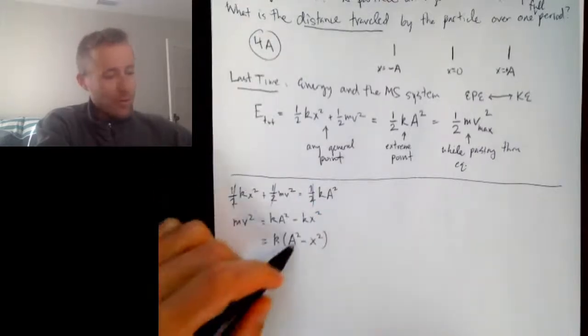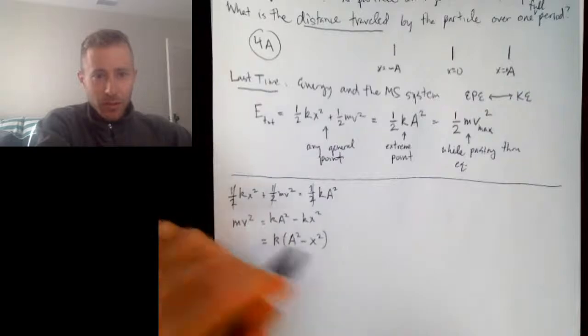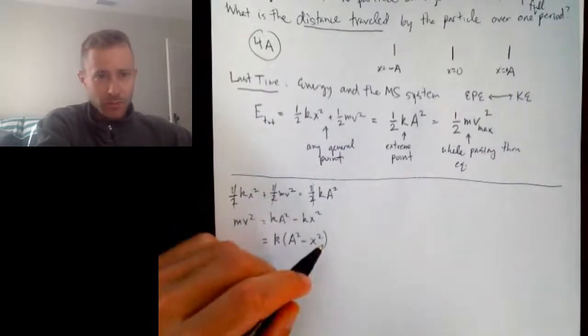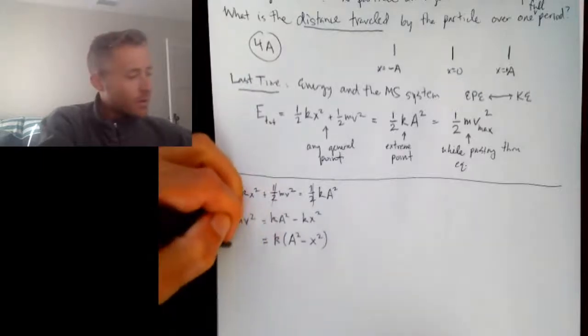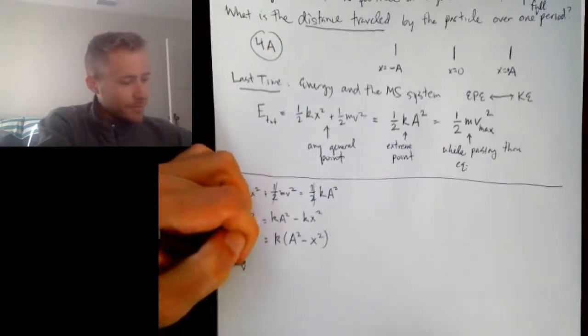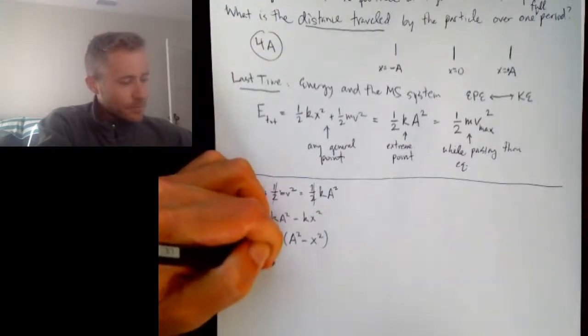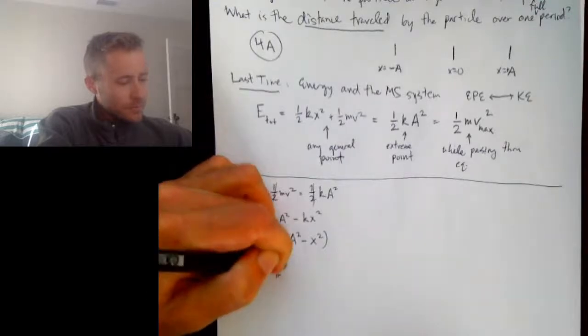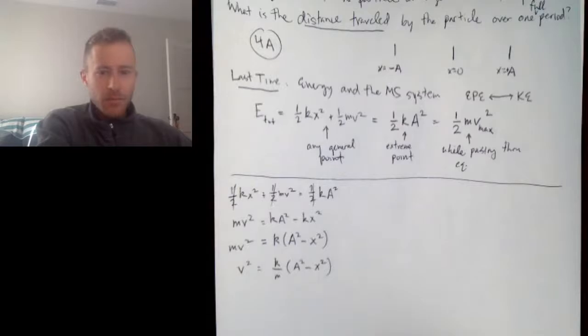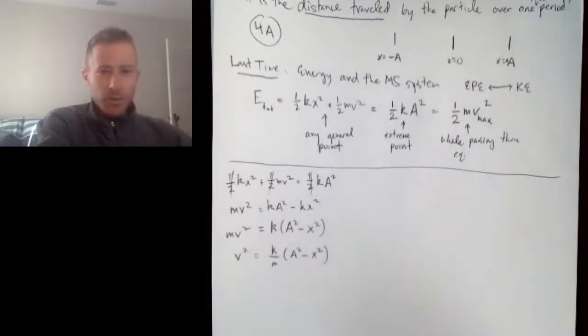Notice how you square them and then square each one individually and then subtract. Don't subtract and then square. Okay. Then I'm going to divide both sides by m. And then take the square root of both sides.